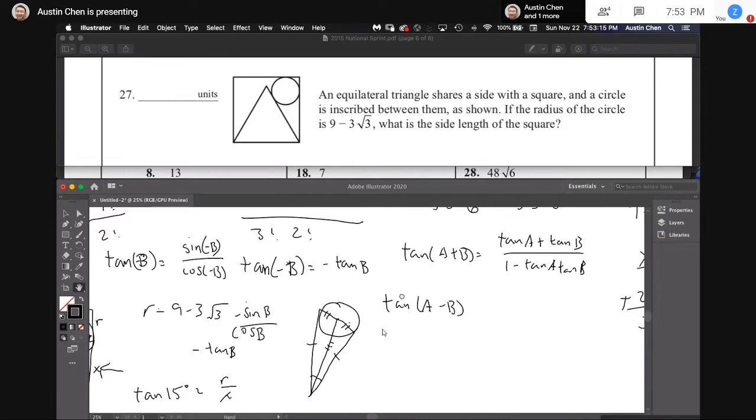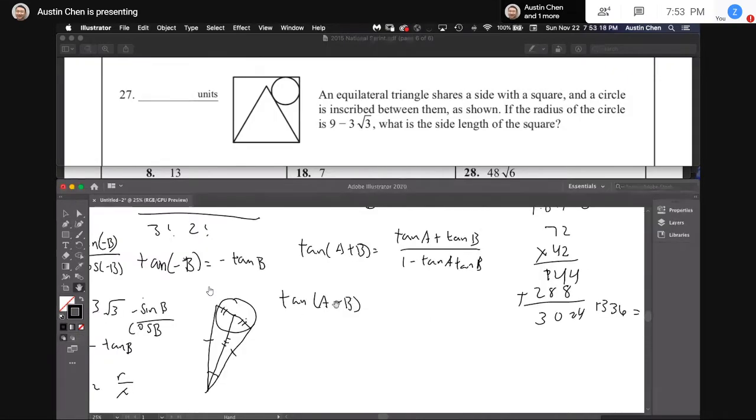Okay. So then we can apply this into that equation right there, just by saying tangent of a plus negative b. Everywhere where we have tangent of b, we can substitute that with negative tangent of b. So then we have this equation.